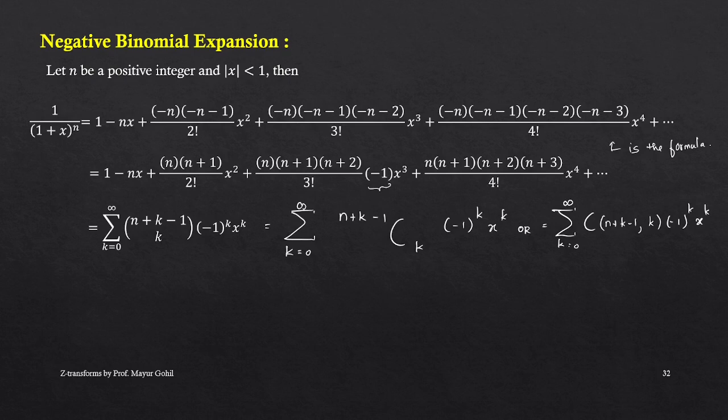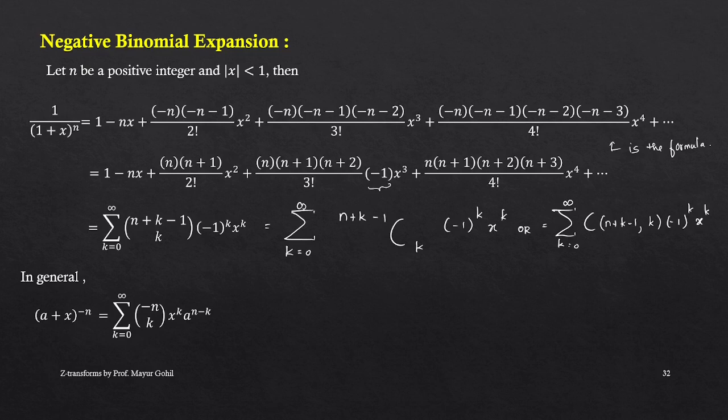This was negative binomial expansion. I'll give you the general form of this here. The general form is this way. If you have (1 plus x) whole raised to minus n, then the negative binomial expansion looks something like this. It is just like the regular binomial expansion, but instead of n choose k, you have minus n choose k.